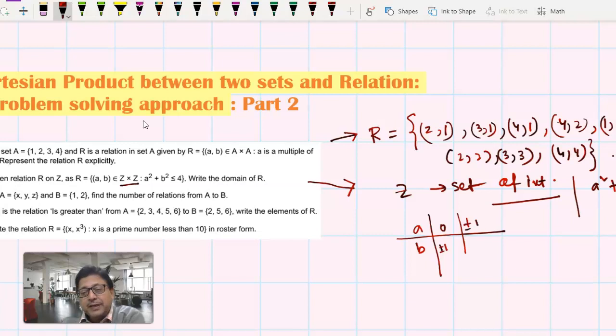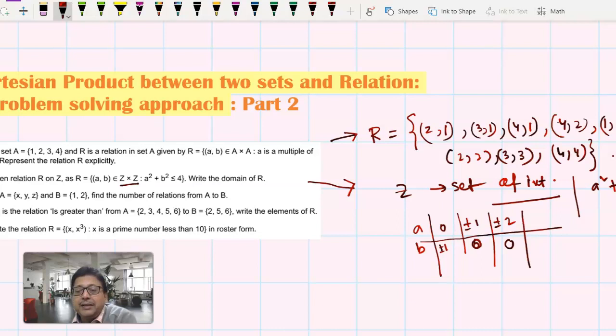If you take (plus minus 1, 0), then also it is valid. If you take a plus minus 2, b plus minus 2, is it valid? No. If you take a plus minus 2, then b will be equal to 0, because if you take any other number, it will not remain less than equal to 4.